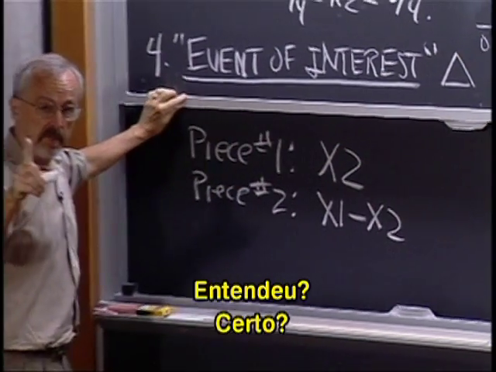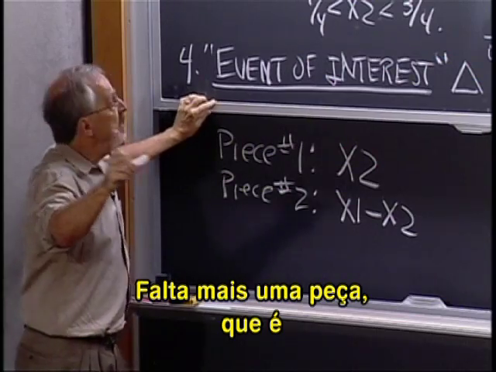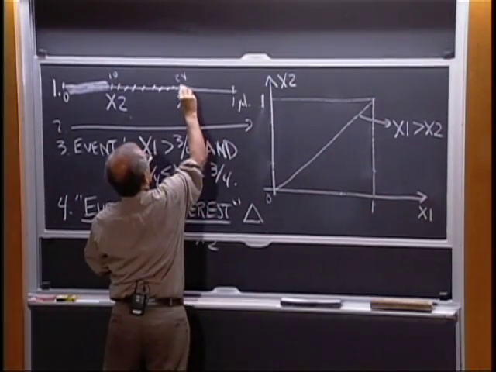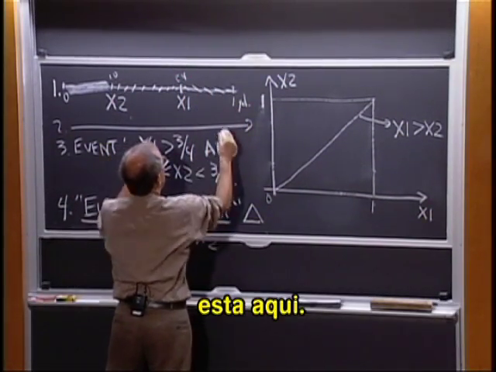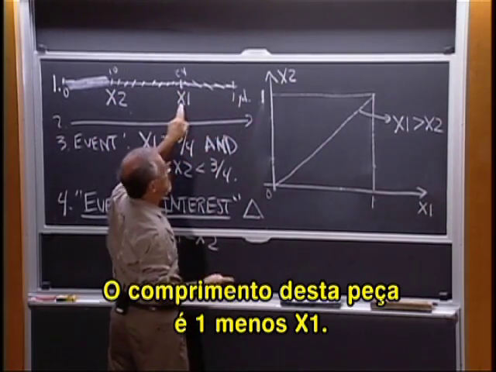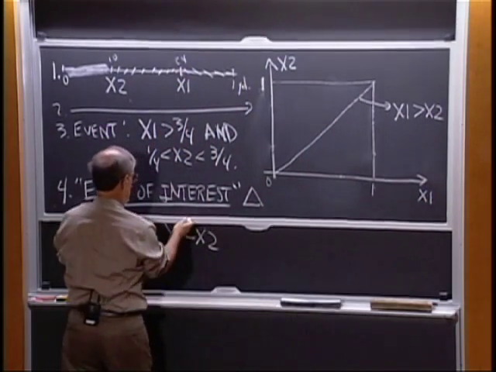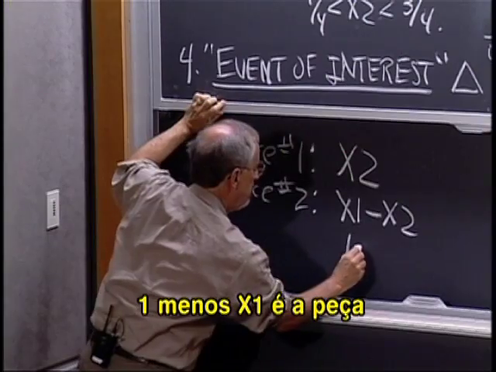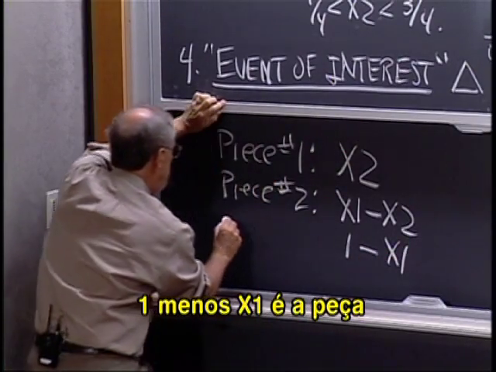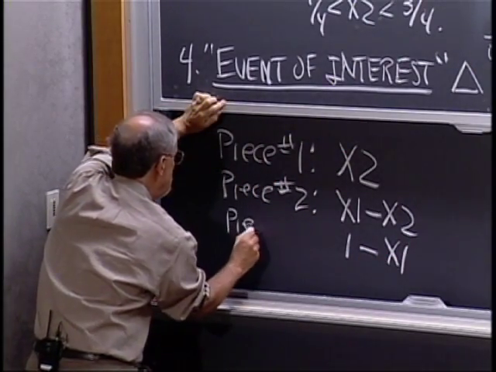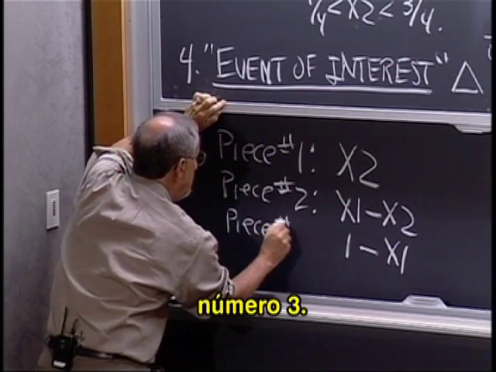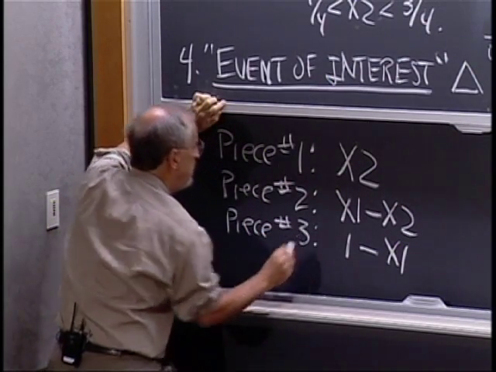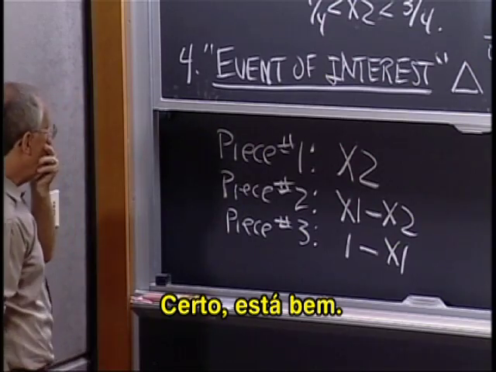Got that? Okay. Now we have one more piece to go, and that is this one right here. The length of this piece is 1 minus x1. That is piece number 3.